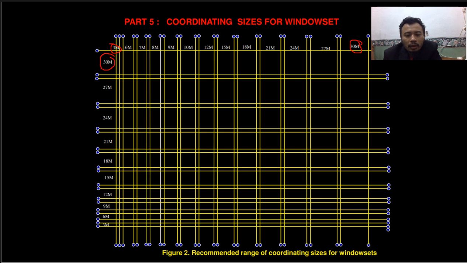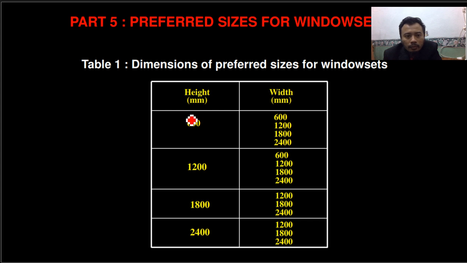So these are all the recommended sizes for windows, and this is the preferred sizes for window sets. We have 600 height. The suggested width is from 600 to 2400 millimeters. So this is basically 6 m, and this is 24 m, and so on for these sizes.